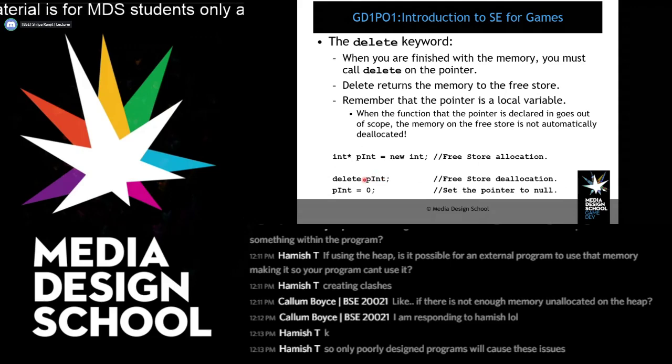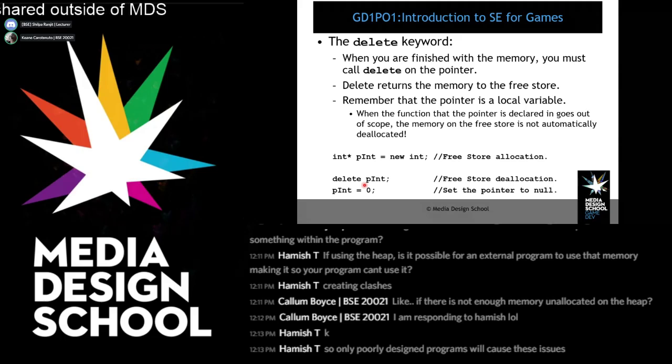Because right now you have returned the memory back to the free store from the pint. And as we have discussed when we did pointers, a pointer should always point to either a relevant memory location or it should be 0. If it is not 0, then it is going to be a dangling pointer, and a dangling pointer is a very dangerous situation because the pointer could point to a very crucial system memory and it might cause an issue there.